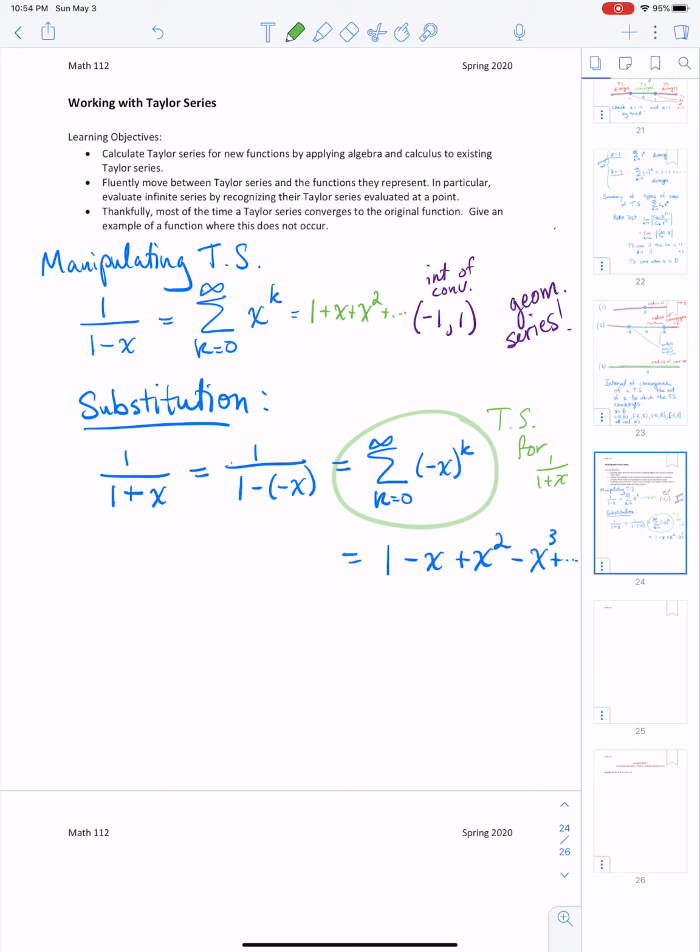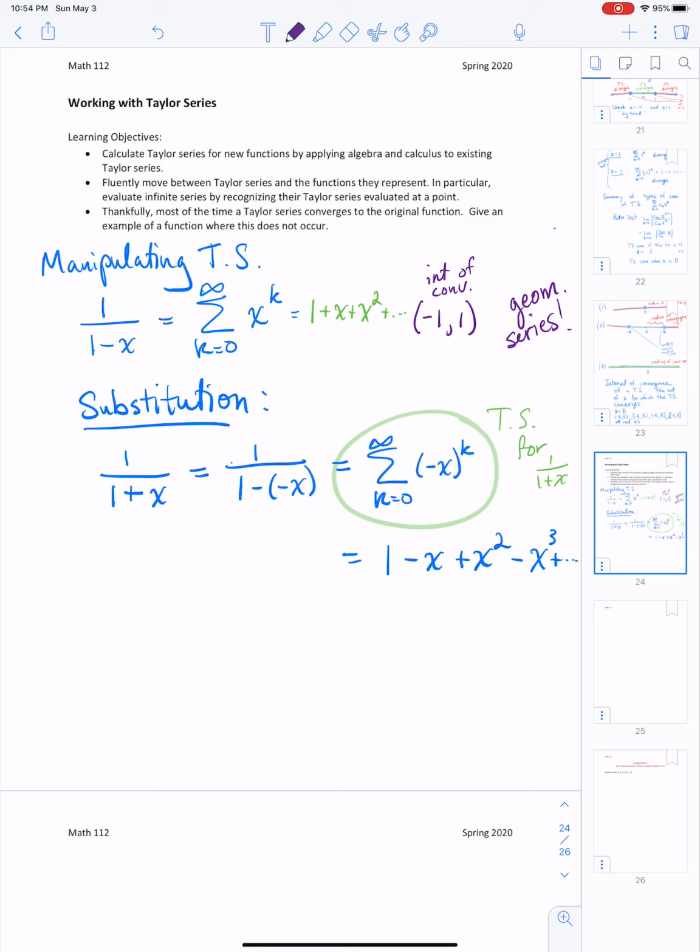Now, once we have this Taylor series, we might want to know the interval of convergence. So I'm going to go ahead and compute it, using a shortcut here. We know that the original series converges when x is between minus 1 and 1.